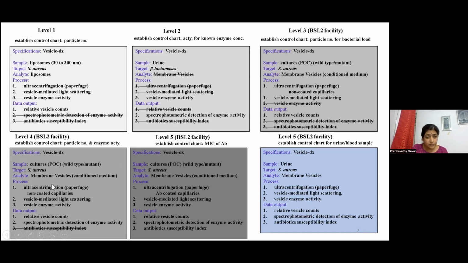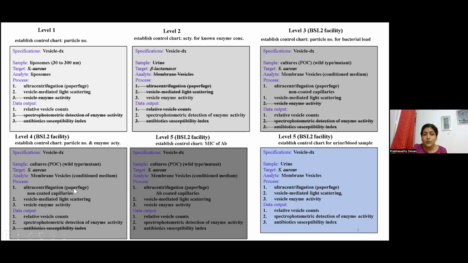We can again harvest the membrane vesicles, do the paper fuge based isolation, and try to see whether the scattering is able to pick up the counts and number, and then couple it along with the enzyme activity.